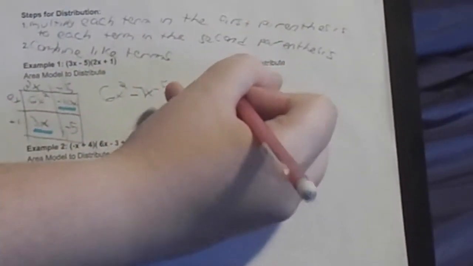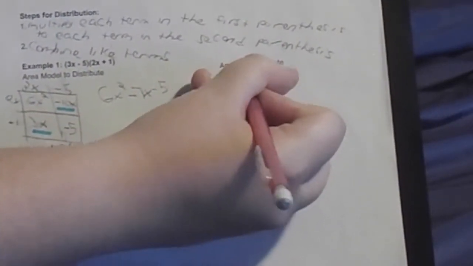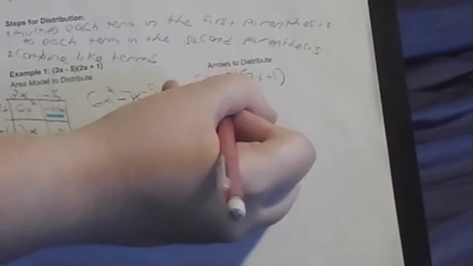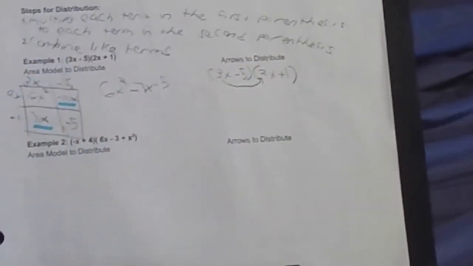So that's the box method, also known as the area model method. There's also the arrow method. And here's how the arrow method works. You write down the 2 parentheses, so 3x minus 5, and 2x plus 1. And I take this 3x, and I draw an arrow to that 2x to say I'm going to multiply those two together. And 3x times 2x is 6x squared.